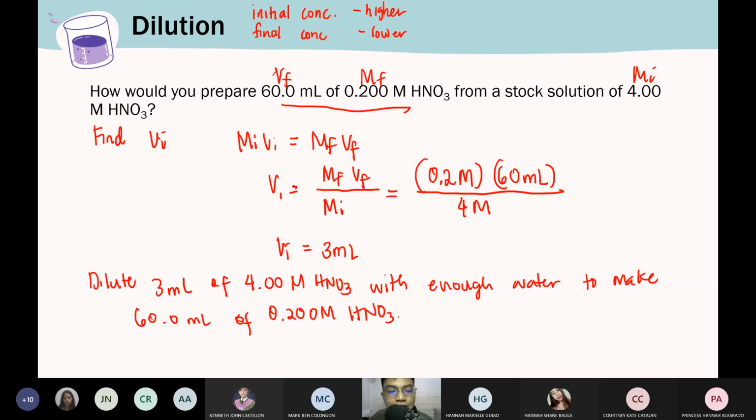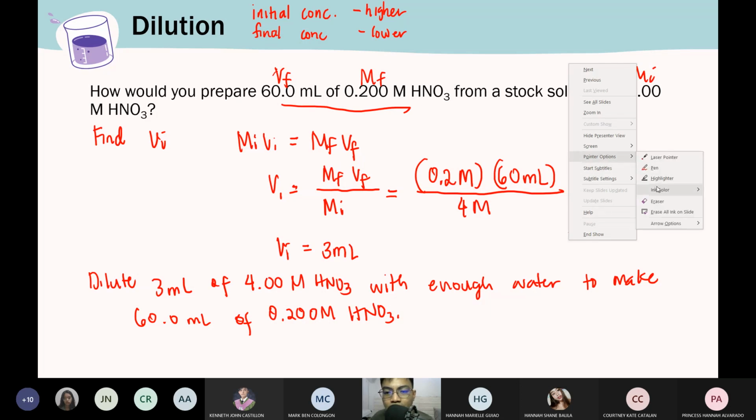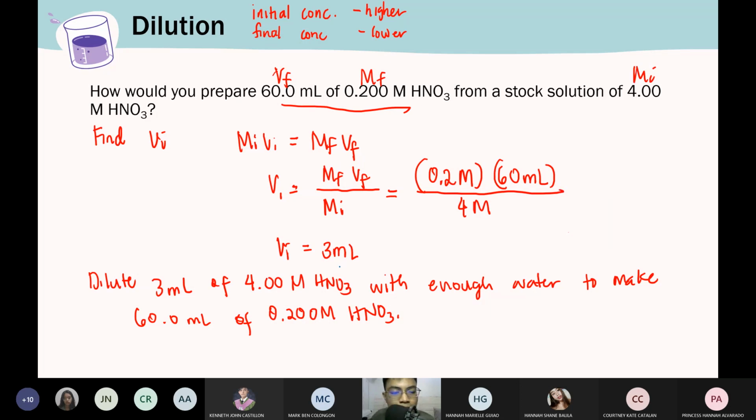So this is how you will interpret your result. Ito lang yung mga babaguhin nyo: the volume, the concentration, and yung final volume and concentration.